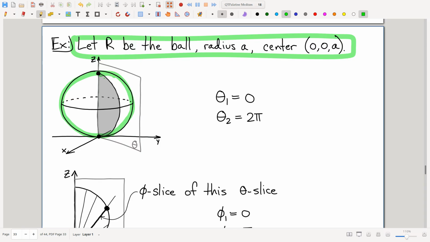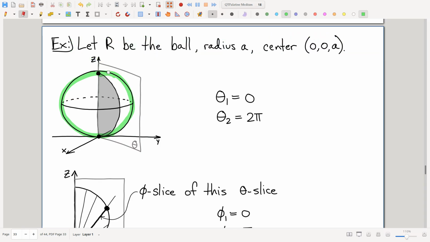I like to think of this as a ball sitting on the floor, the xy plane being the floor, sitting right on top of the origin. Okay, so how would I slice this up in spherical coordinates? Oh, real quick, how would we slice this up in rectangular coordinates? Nightmare. Square roots everywhere, right? Terrible, terrible computationally.